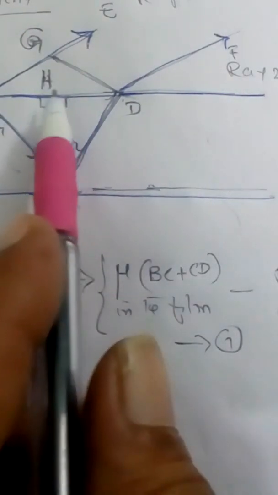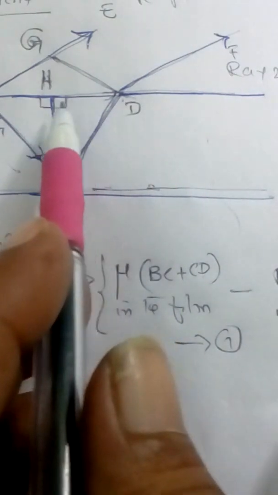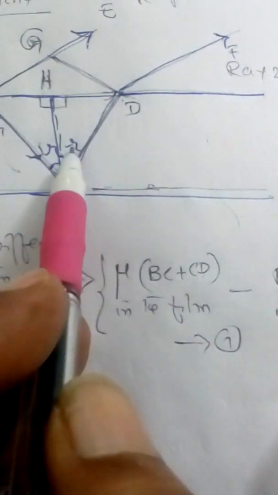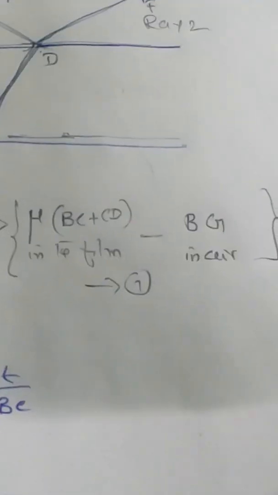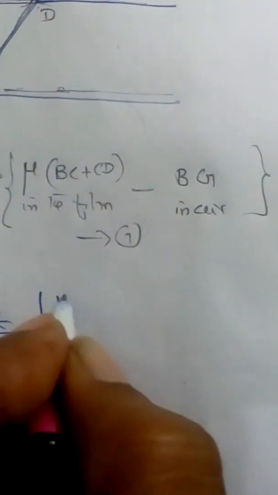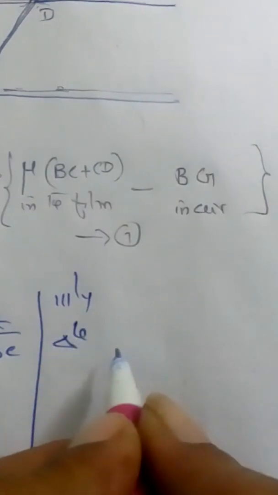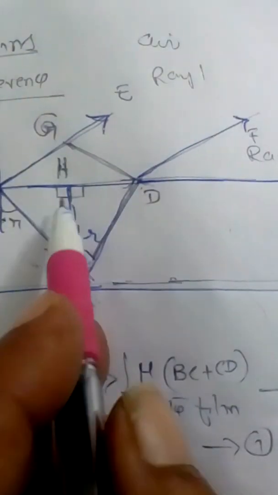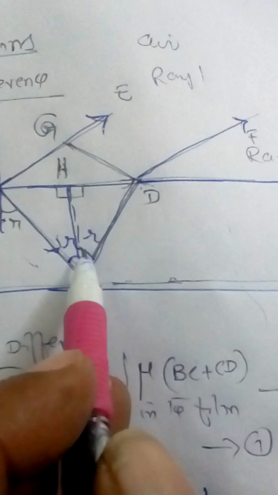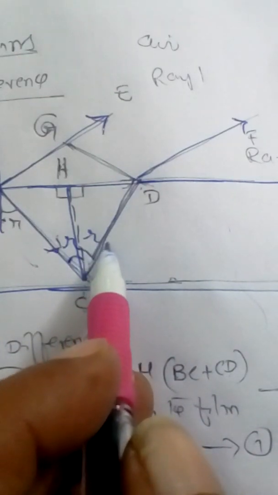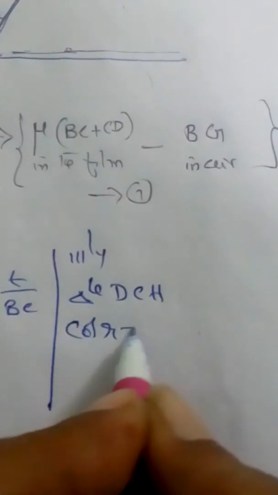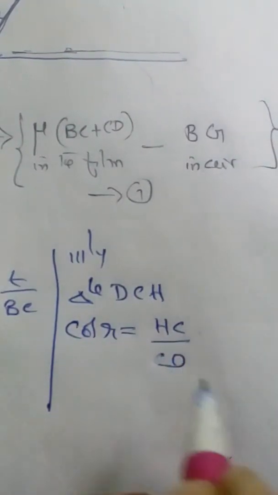On the same lines for CD, you take this triangle, DCH. Again, this is the hypotenuse. You can find cos R again. Similarly, in triangle DCH, cos R is equal to HC by CD.